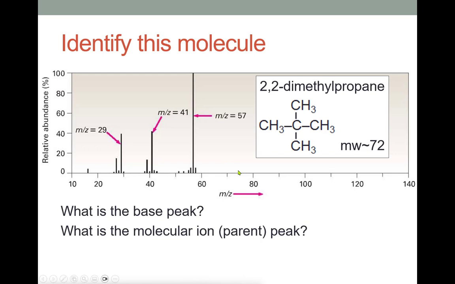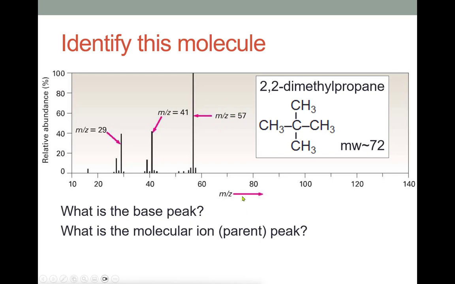Well, this is one of those examples of a very stable fragmentation pattern. What I'm seeing here is if I broke any one of these 4 bonds, I would get the same outcome, right? I would take off a 15 molecular weight unit. So 72 minus 15 gets us down to 57. And in fact, I see that is my most common peak here.